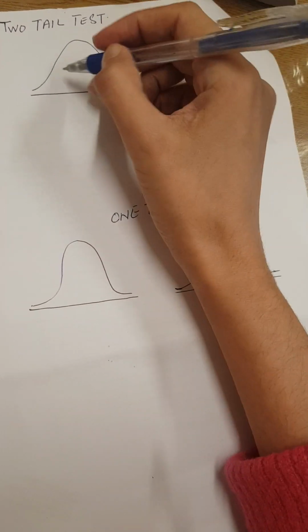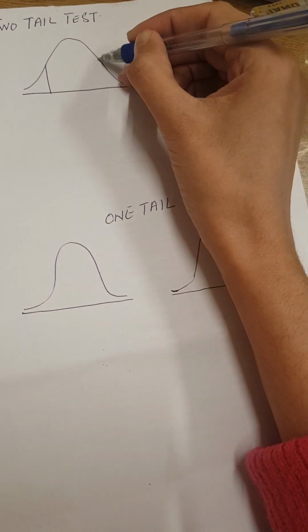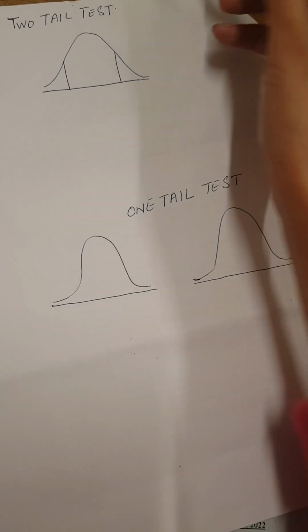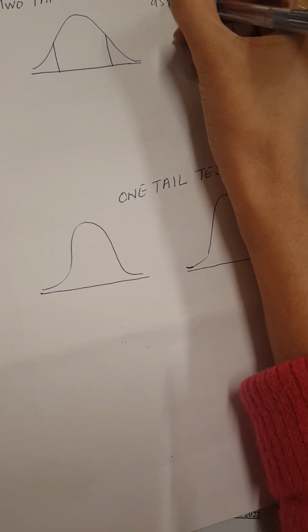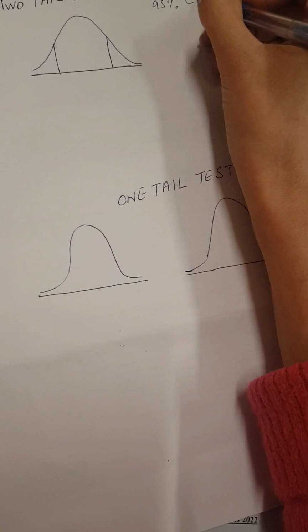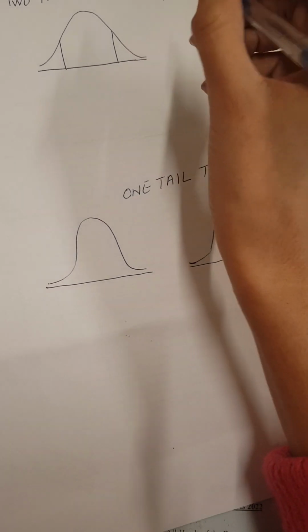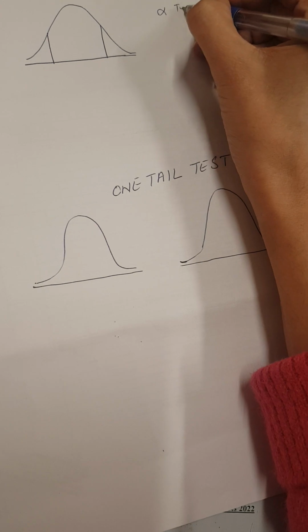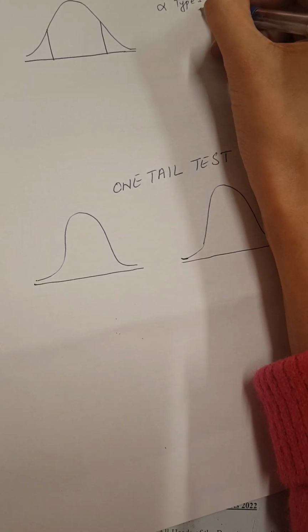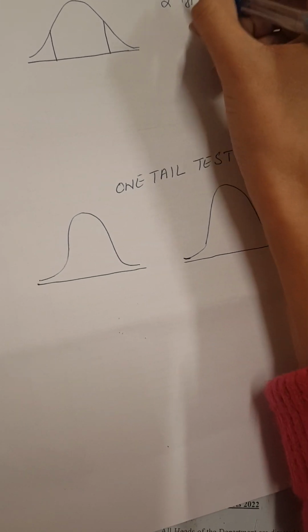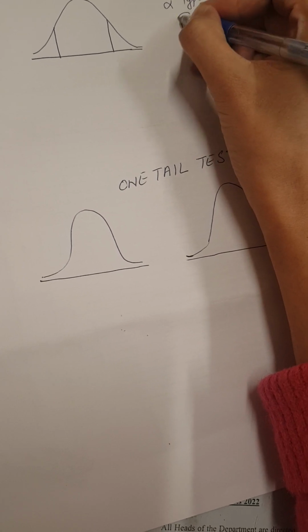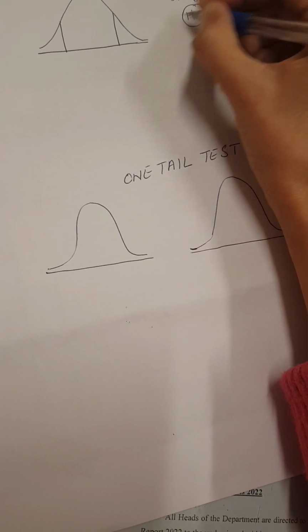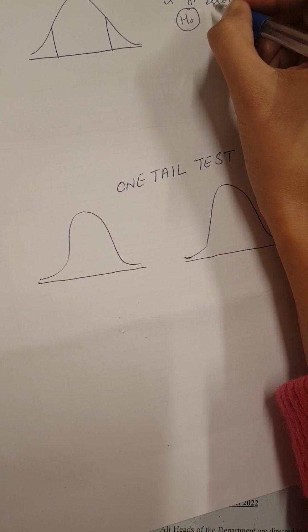For the two-tailed test, first of all we have to recall our old knowledge that at 95% confidence level, our alpha, and what is our alpha? Alpha is the type 1 error: when the true null hypothesis was rejected, it was a type 1 error.